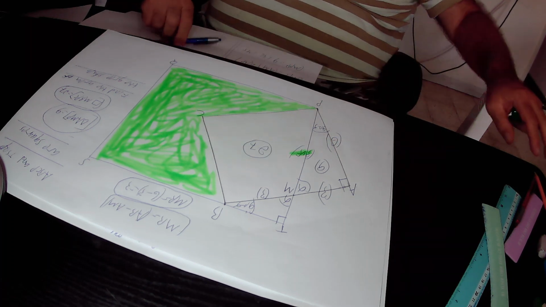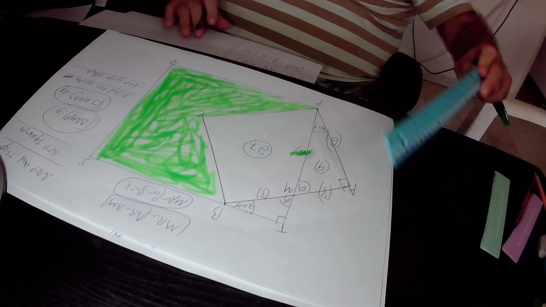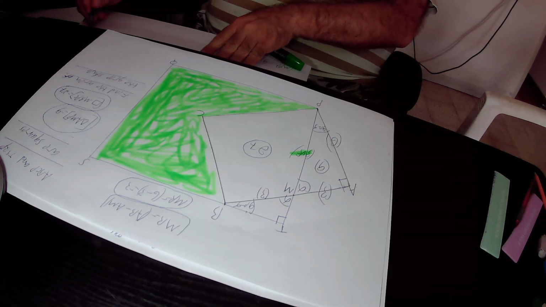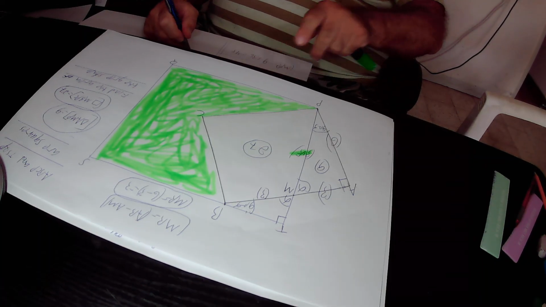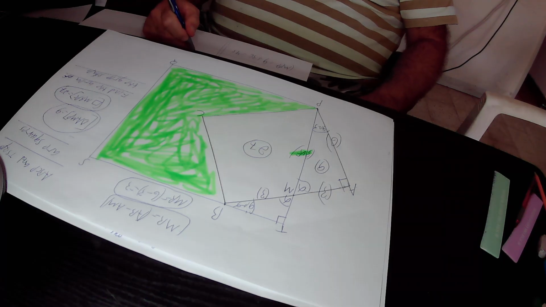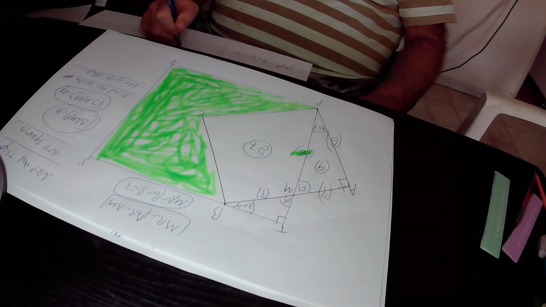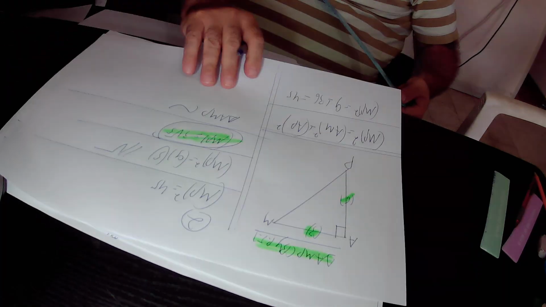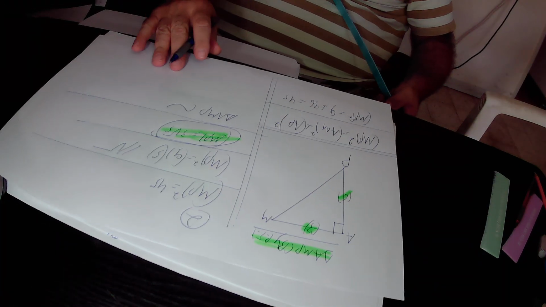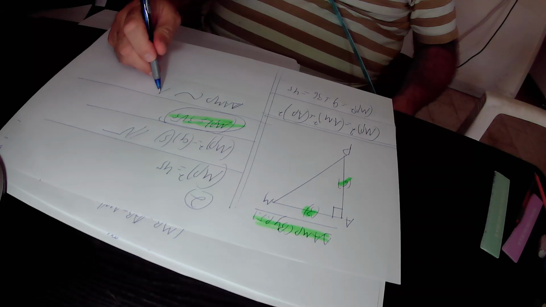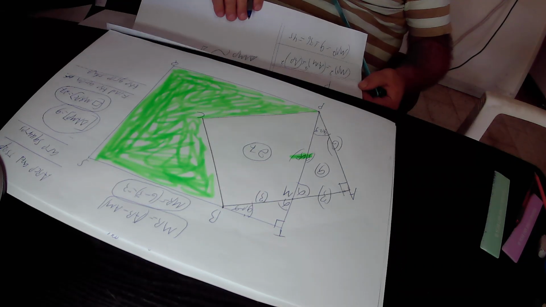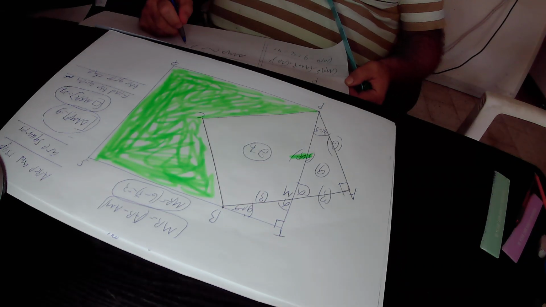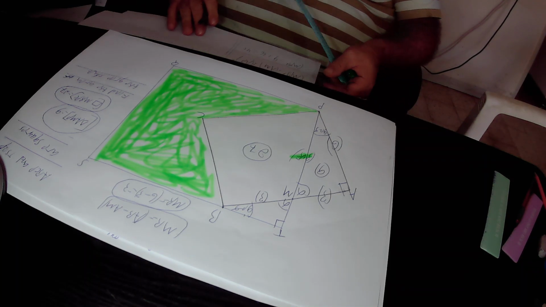So write it down. We found that the big right triangle AMP is similar, this is the sign of similarity, to the small right triangle TMB according to the angle similarity rule.